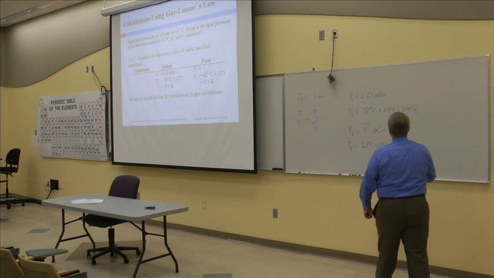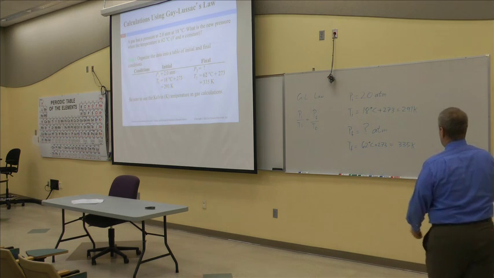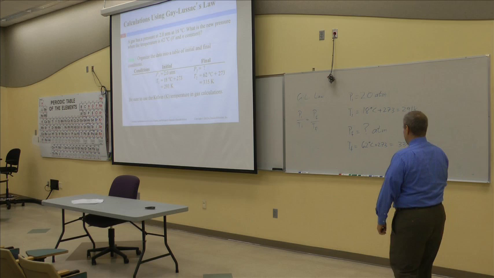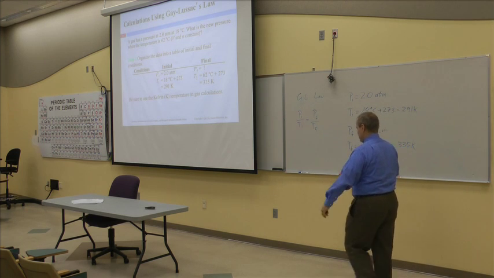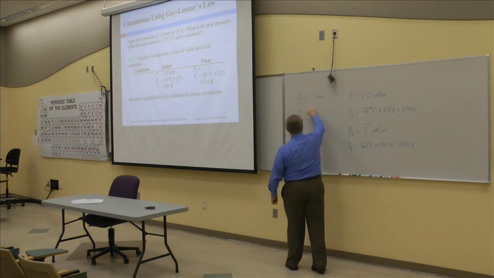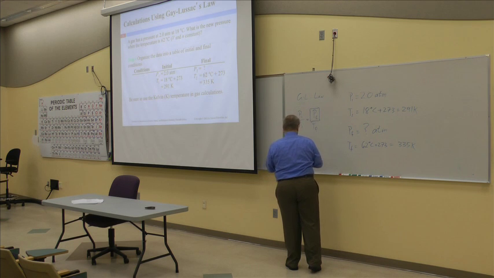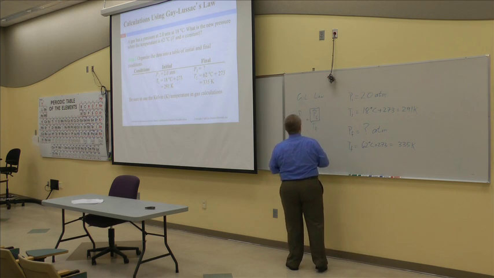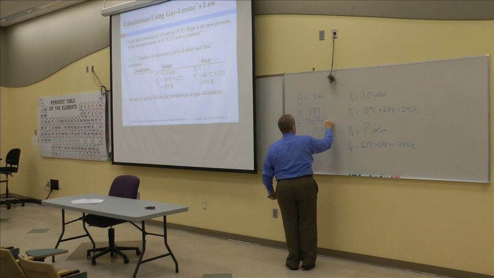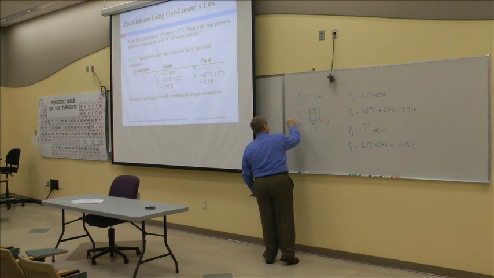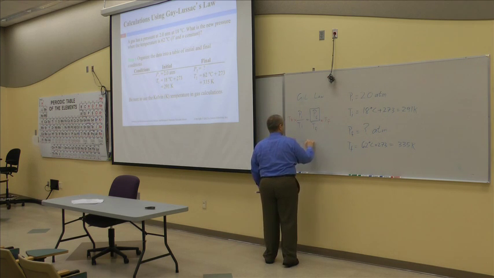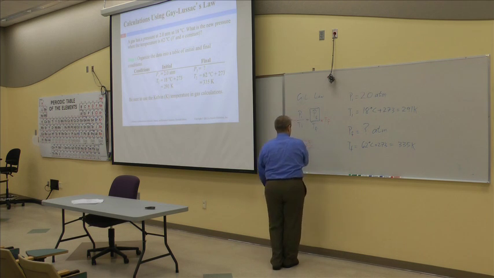All right, so we have that expression. So we need to have Pf. Looking just like Charles's law, doesn't it? So we need this one. We're going to multiply both sides by Tf. So Pf equals Tf times Pi over Ti.